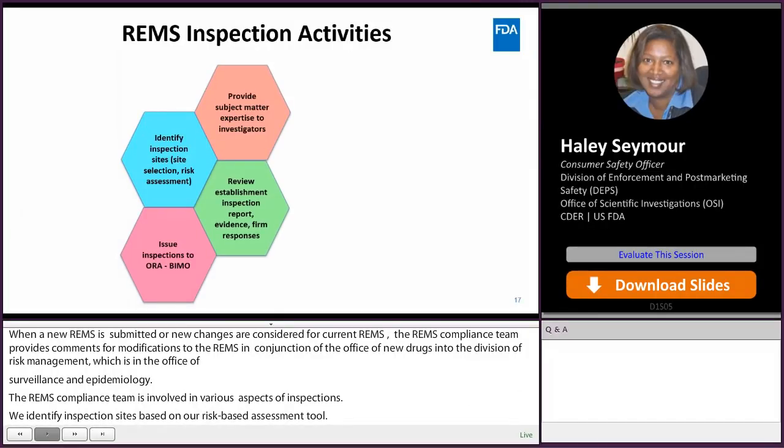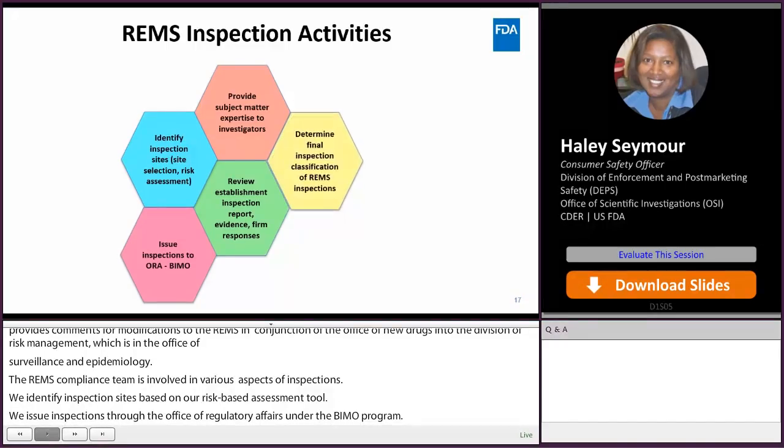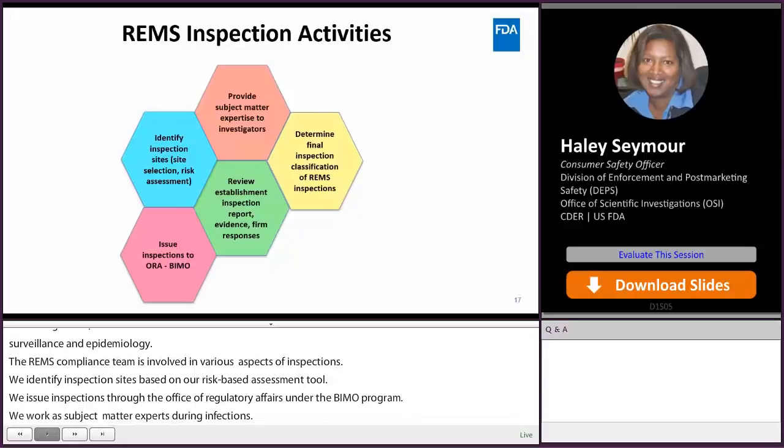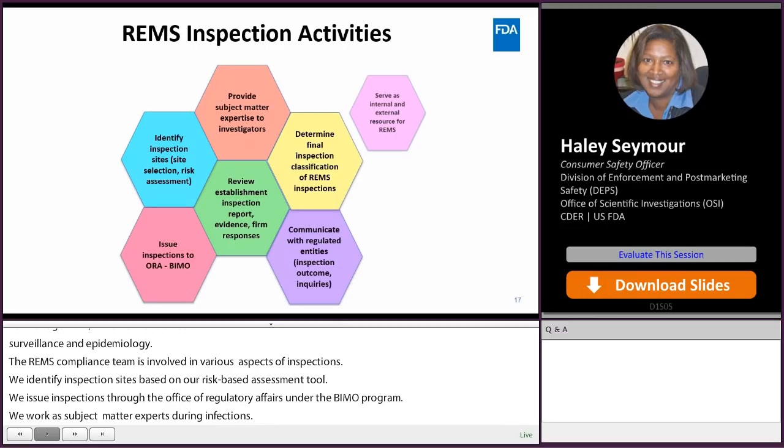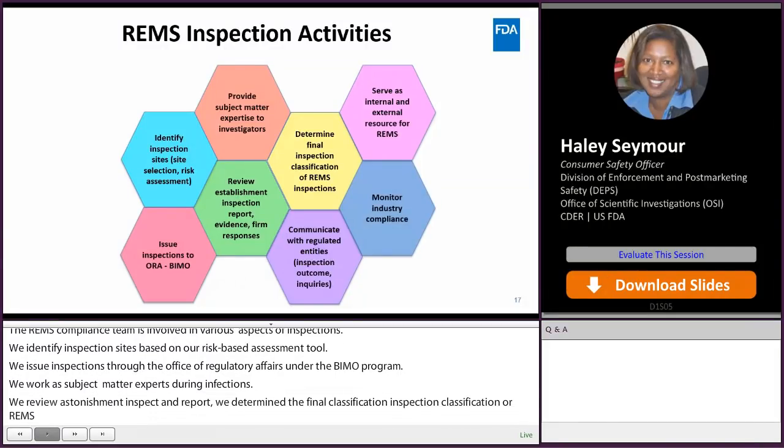We review establishment inspection reports. We determine the final inspection classification on REMS inspections. We communicate with regulated entities. We serve as external and internal resources for REMS, and we monitor industry compliance.